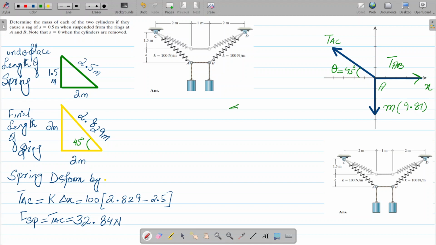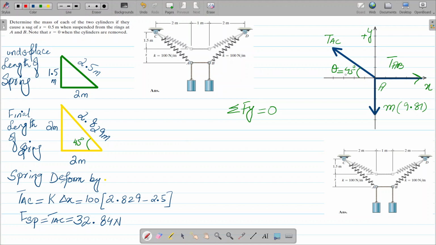So we will write sigma Fy is equal to 0. And remember, this is my positive y-axis. If we apply the sigma Fy condition, we can very easily calculate.